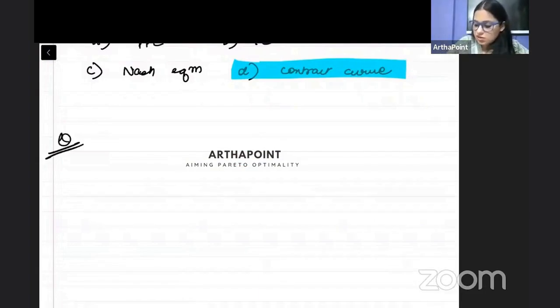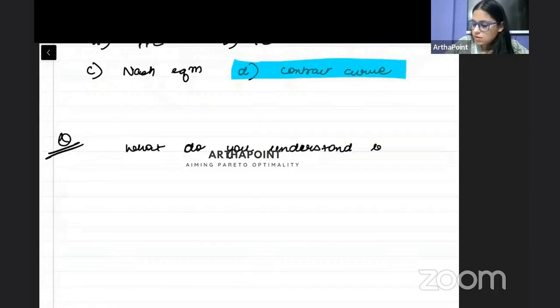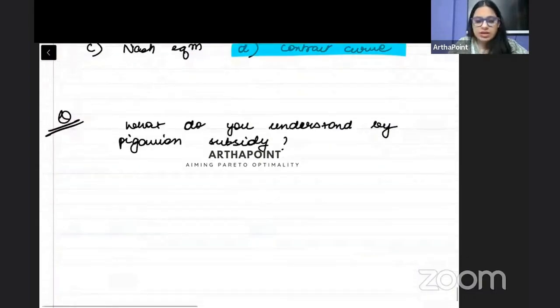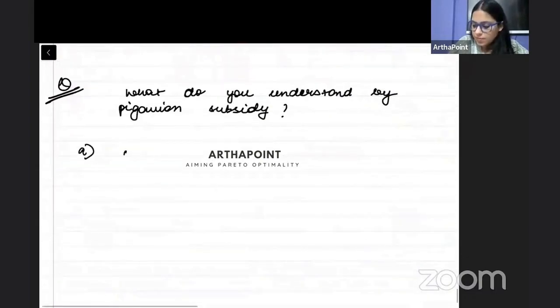So this is saying, what do you understand by Pigovian subsidy? Pigovian subsidy से क्या मतलब है? Option number A, cannot exist with externality.